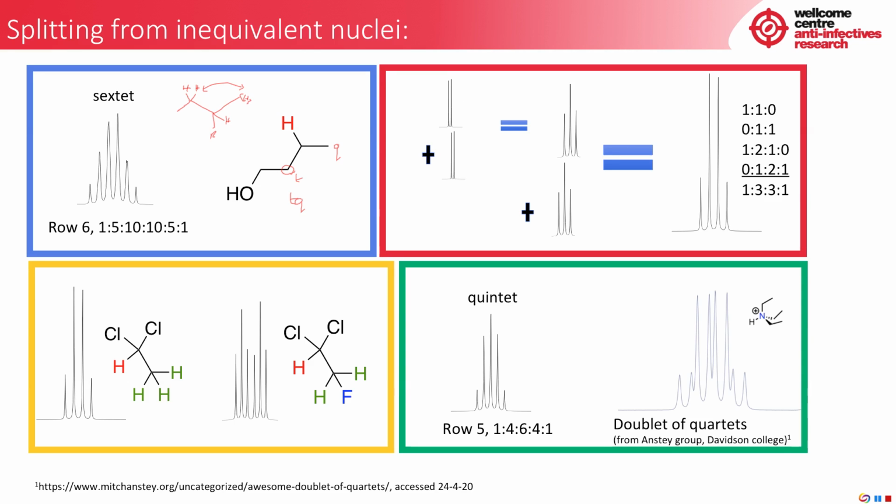So a quartet arising from interactions with 3 protons here, so there we have it, is equivalent to a doublet of triplets.